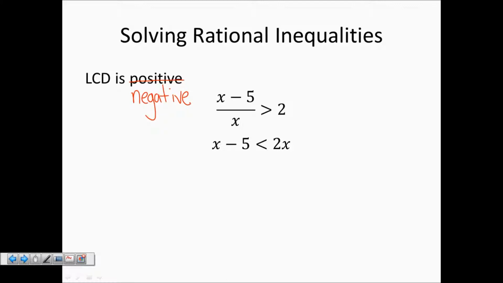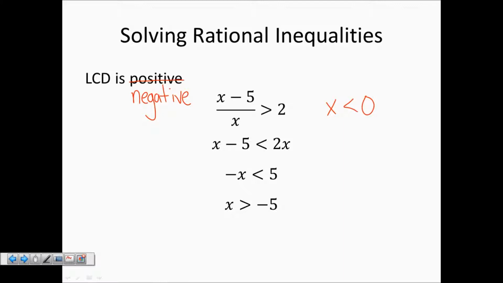That means that x, my bottom right here, is less than 0. Now let's see if things agree when I solve it. So multiply over the x, start to solve it. I bring the 2x over, I add the 5 over, I divide by negative 1, so now my sign flips again.